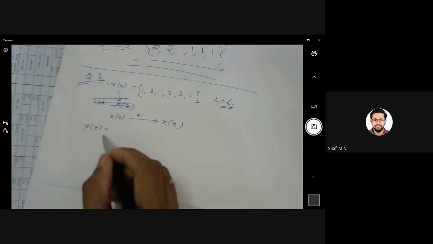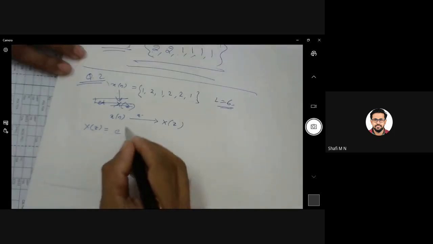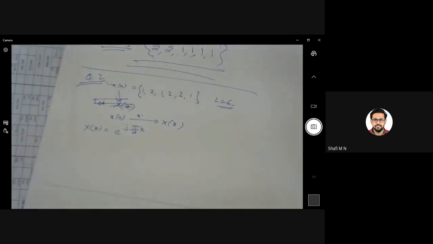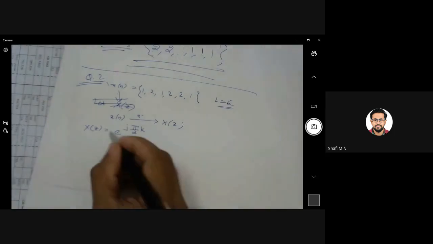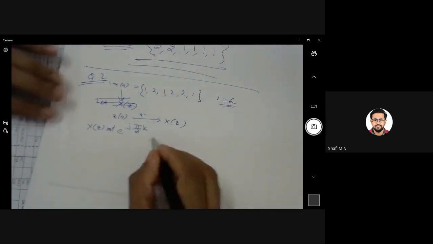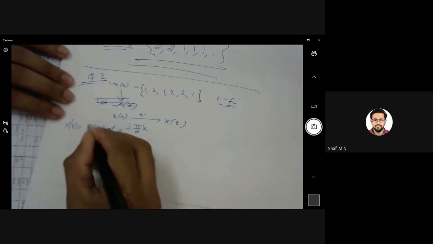Sample x of z at e raised to j pi by 2k. You have to sample x of z at this rate, so that you will get x of k.